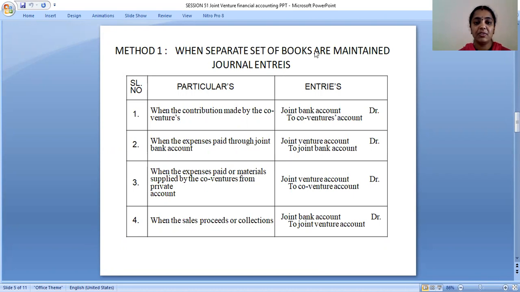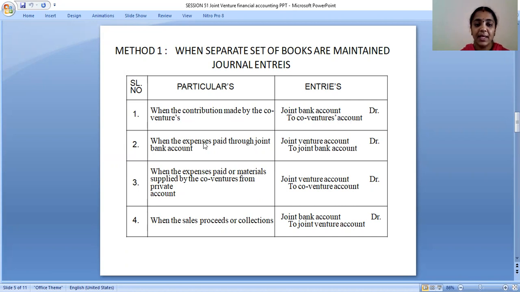When separate set of books are maintained, there are some journal entries. First, when the contribution is made by co-venturers, the entry is joint bank account debit to co-venturers account.